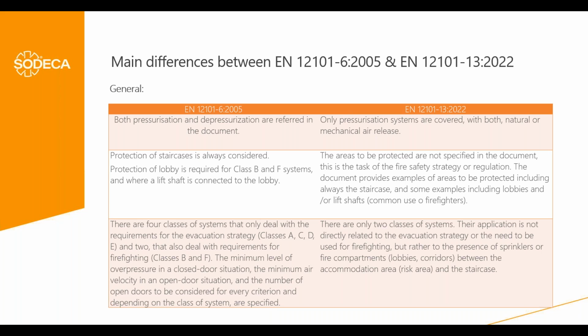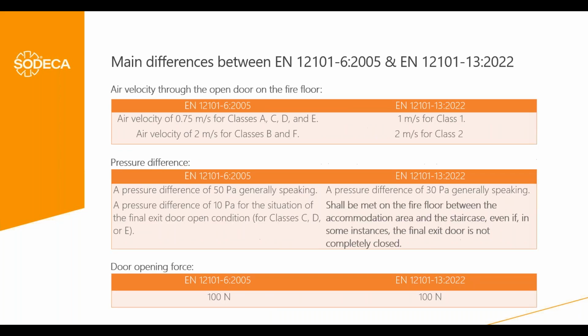We have mentioned there are 6 classes in the old part 6, 2 classes in the new part 13. Okay, and the air velocity, as I have explained, was 0.75 for classes A, C, D, and E, and 2 meters per second for classes B and F, and in that case it's 1 meter and 2 meters per second for class 1 and class 2. But be careful, because the approach, as I have explained, is absolutely different.